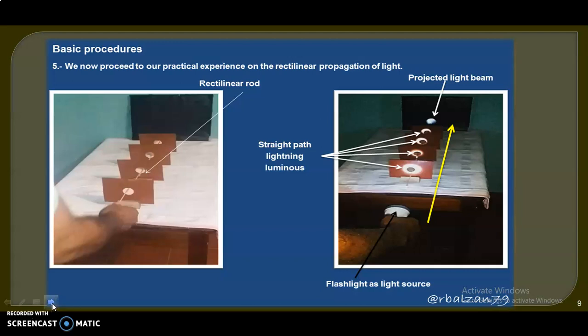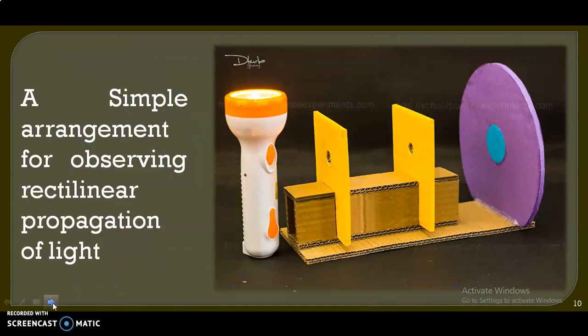But if you feel that it is hard for you to make an arrangement like this, then you can also make a very simple arrangement using very light and easy to cut boards from cartons, boards from the Amazon delivered parcels. And you can make an arrangement as I have shown you in the picture, and you can also observe how light travels in a straight path, which we call rectilinear propagation of light.